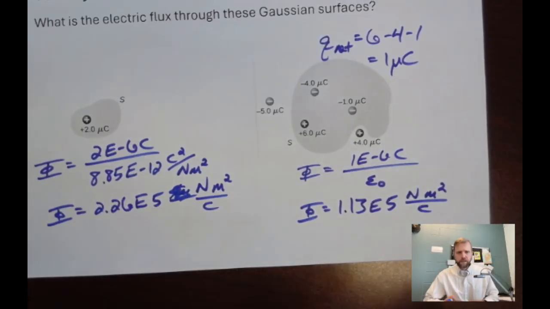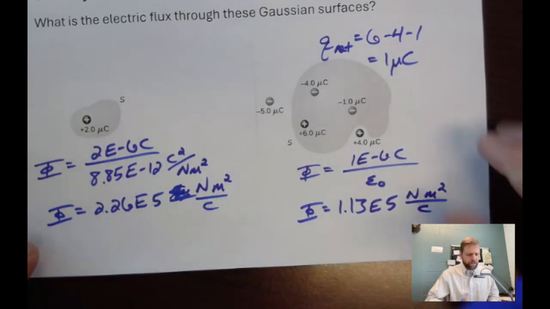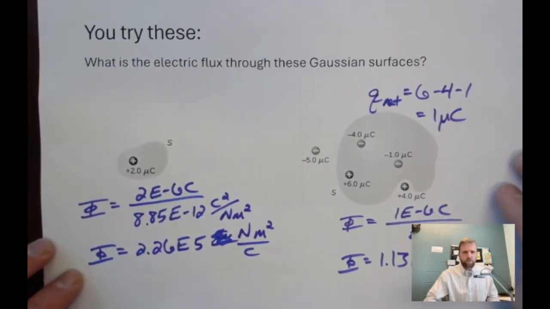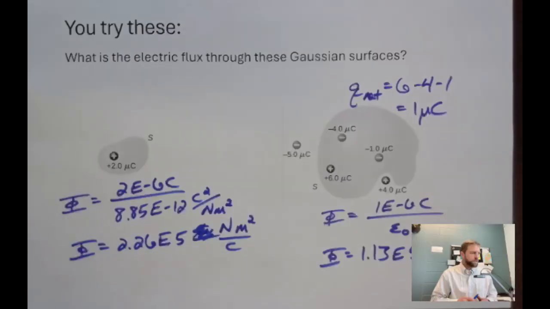All right, so this is Gauss's law. You've got some homework to reinforce some of these concepts. Your textbook also talks a little bit about Gauss's law in the context of some different symmetries. We're going to skip over that, but if you want to, you can take a look at those. It essentially looks at cylindrical symmetry.